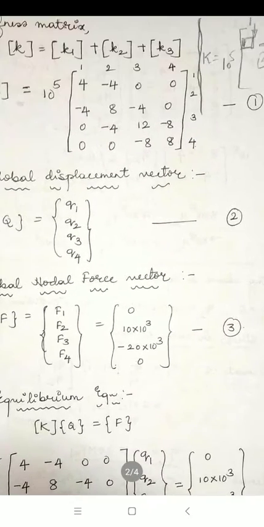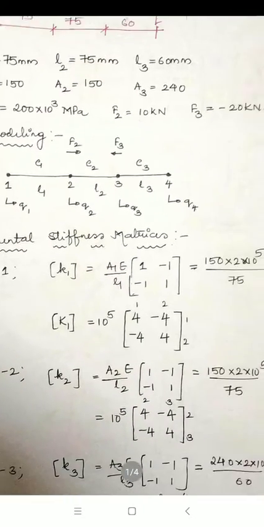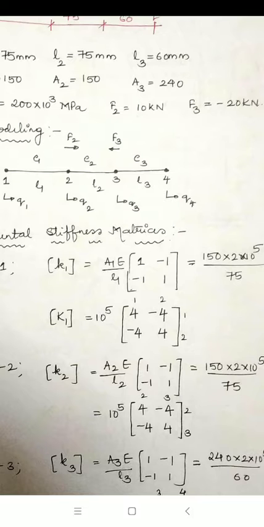Similarly, go on adding all. In some place, we will get two values. For example, column 2, row 2, I have written there 8. Come back here. See, in K1, column 2, row 2, at that place we have the value as 4.